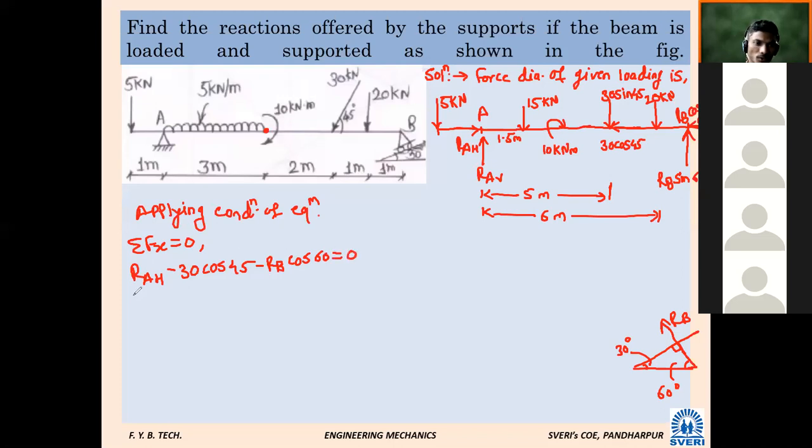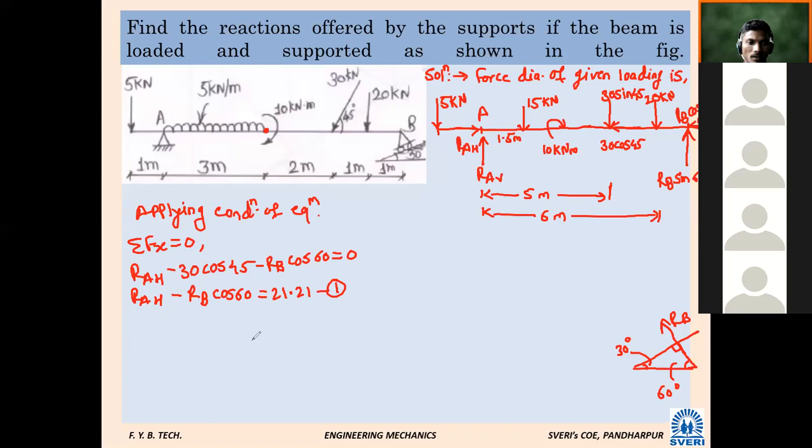From this, RAH equals RB cos 60 plus 30 cos 45. What is the value of 30 cos 45? 21.21. Equation number 1.